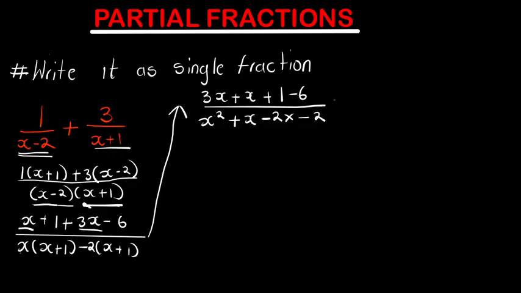The next thing is 3x plus x, so you have 4x, then 1 minus 6, and the answer there is negative 5, over x squared minus x minus 2. So that is how you answer this type of question.